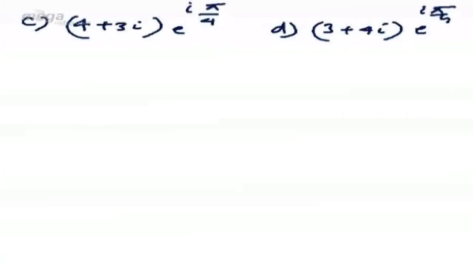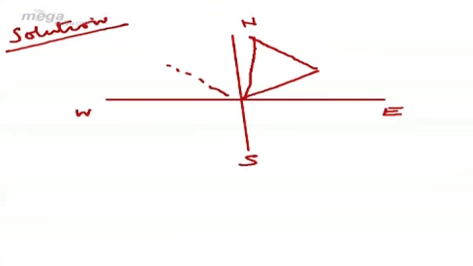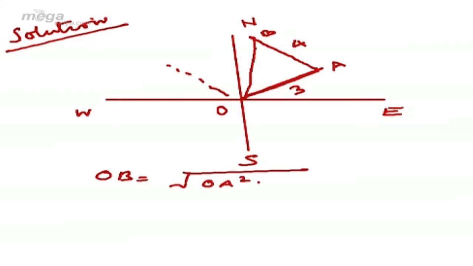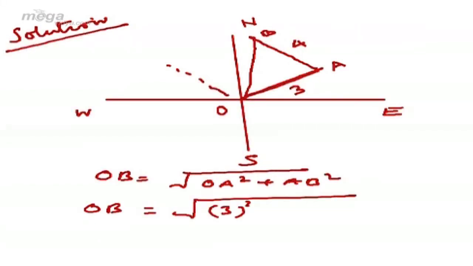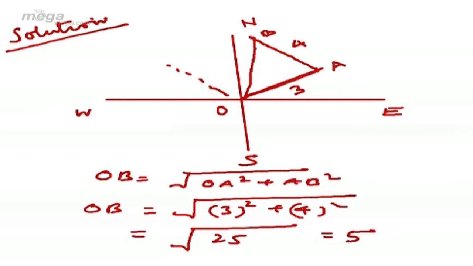Let us come to the solution. A man walks a distance of 3 units from the origin towards the northeast direction. So OB will be root of OA square plus AB square. That is, OB will be root of 3 square plus 4 square, that is root of 25. That becomes 5.